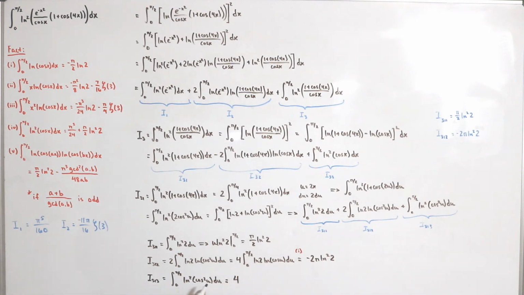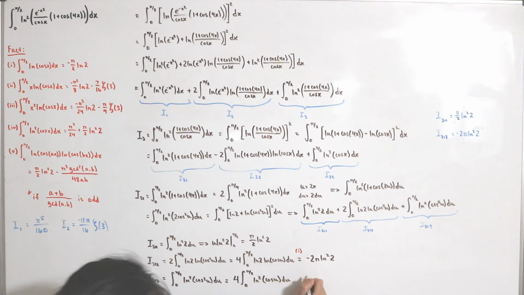Using natural log rules, the input is cosine squared u, so treat the 2 as an exponent and move it outside of the natural log. But because the whole thing is being squared, ln square, you also have to square the 2, so that's how you get 4, and then just move that outside the integral. So the integral from 0 to pi over 2 of ln square of cosine u du.